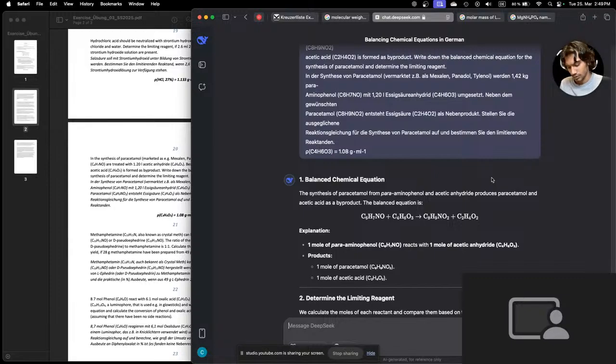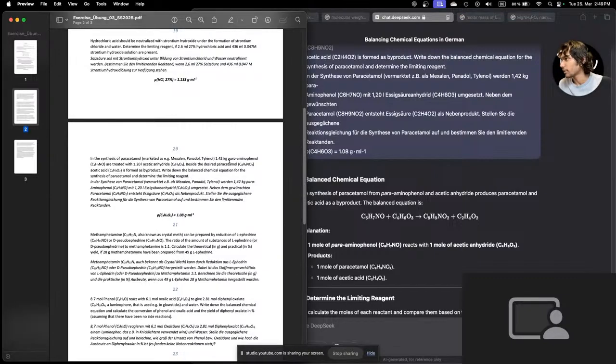Okay. So here, paracetamol, 1.42 kilograms. Yeah, that was indeed a W moment, even though I took an L. 1.42 kilograms, 3 liters.